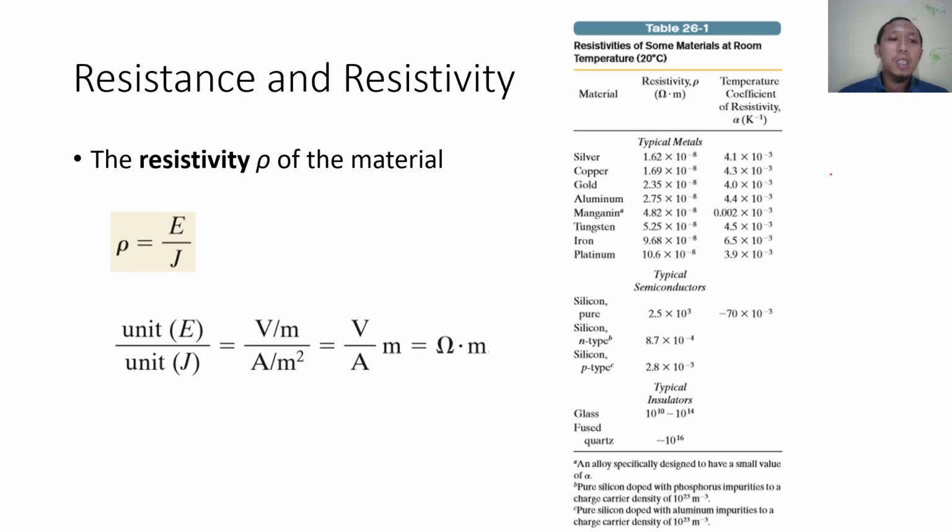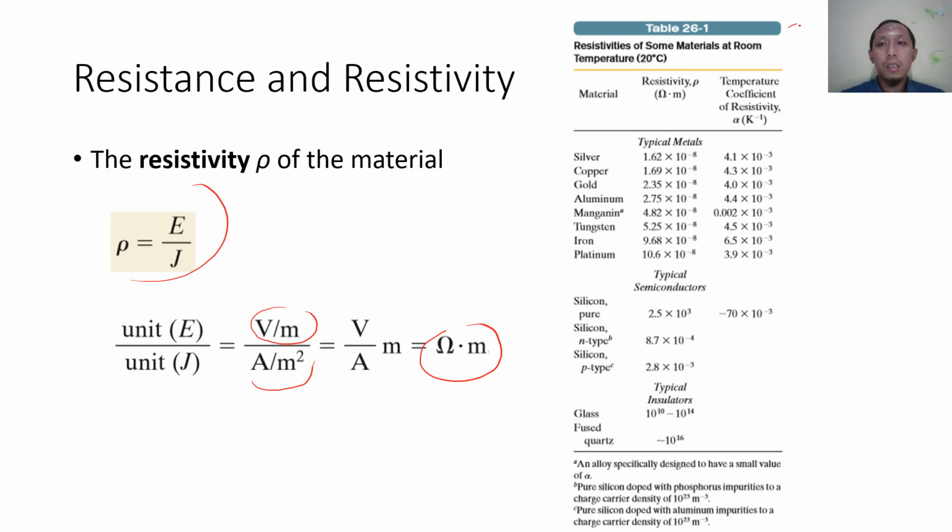So the resistivity, rho, is equal to E per J, where E is the electric field and J is the current density. The unit of E is volt per meter, and current density is ampere per meter squared, so rho is volt meter per ampere, or ohm meter. So the ohm meter is the unit of the material resistivity.